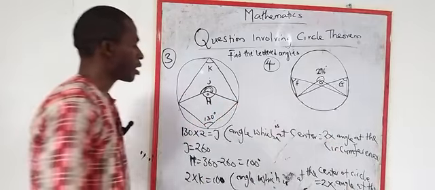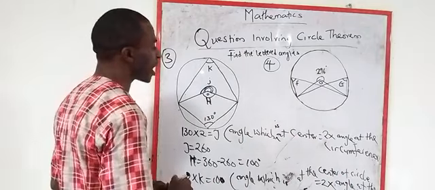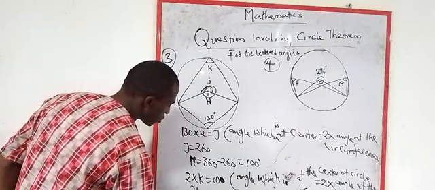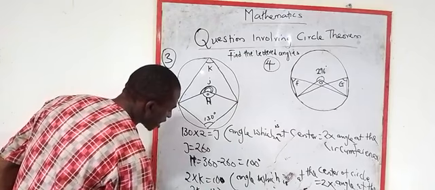Can we see that? Angle at the center of the circle is equal to 2 times the angle at the what? Circumference. So by so doing, we now have 2K equal to 100, where we say our K is equal to what?